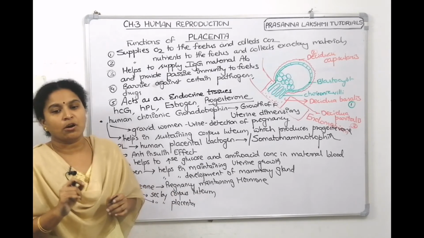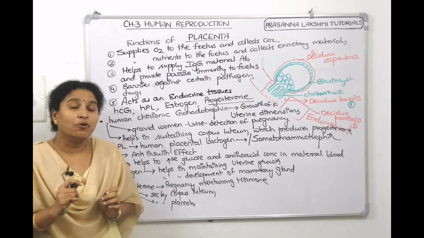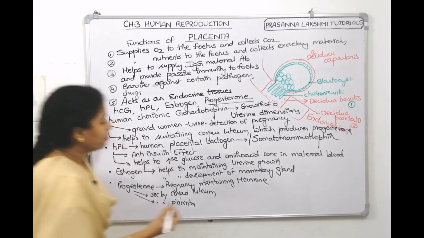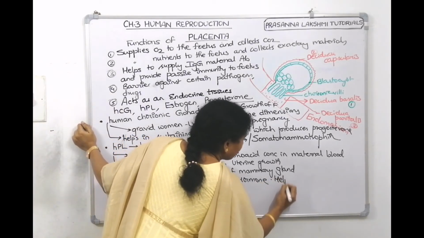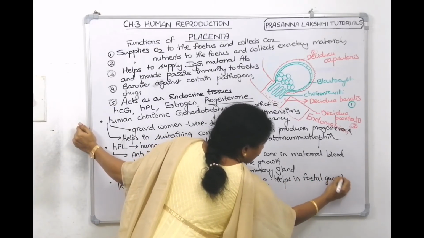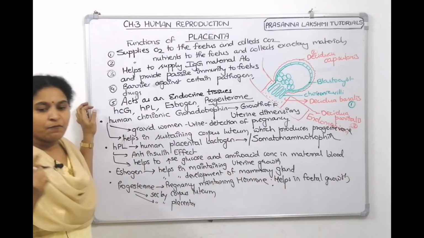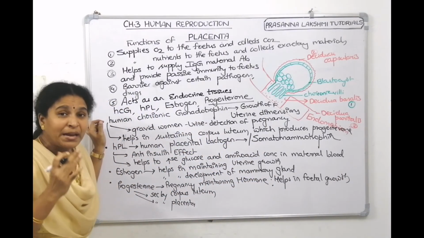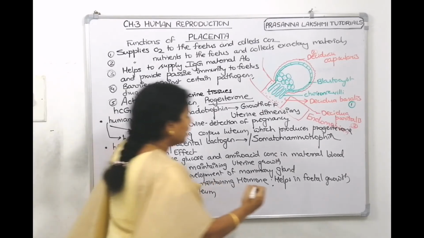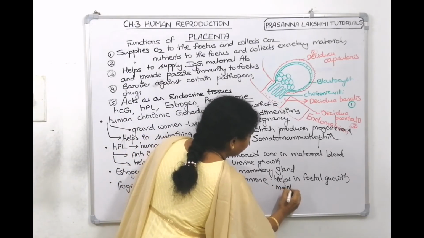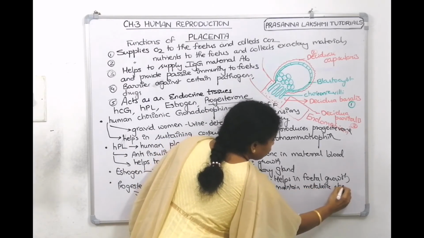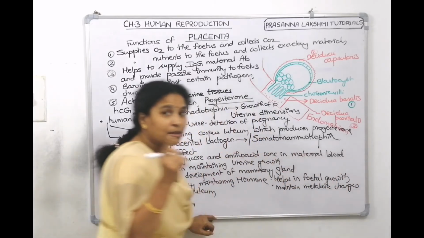What will progesterone do? So progesterone supports the fetal growth. Why is it called a pregnancy maintaining hormone? Means it helps in fetal growth, first function. It helps to maintain the metabolic changes which are required in the mother during pregnancy. So many metabolic changes will appear in the pregnant woman.